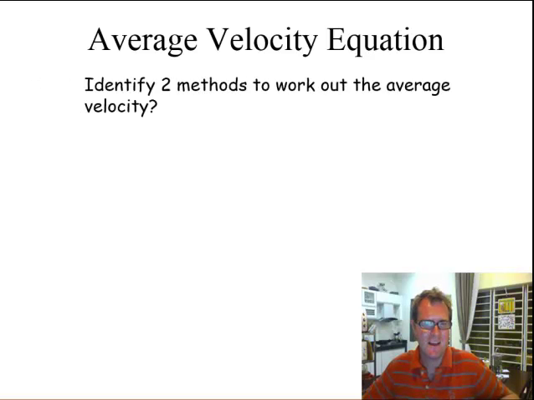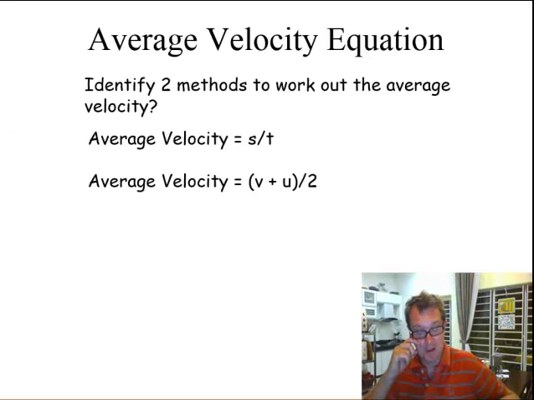So first of all, how can I work out the average velocity? Now there's two ways to work out average velocity. I could just say the average velocity is going to be the displacement divided by time, or I could add up the initial and final velocity and then divide those by 2.